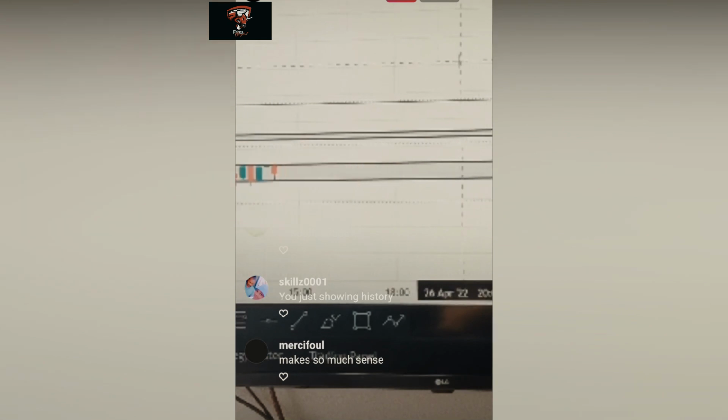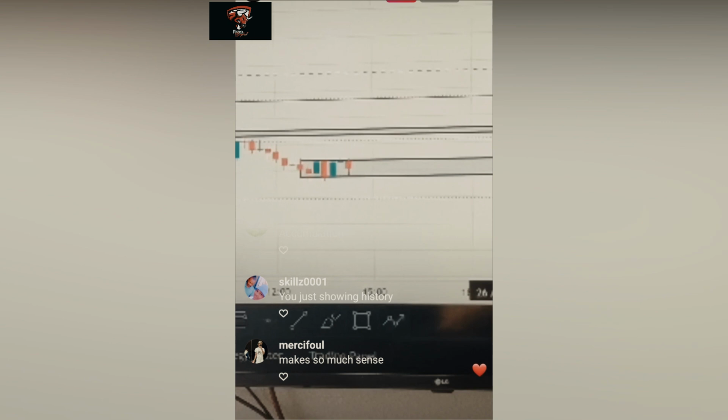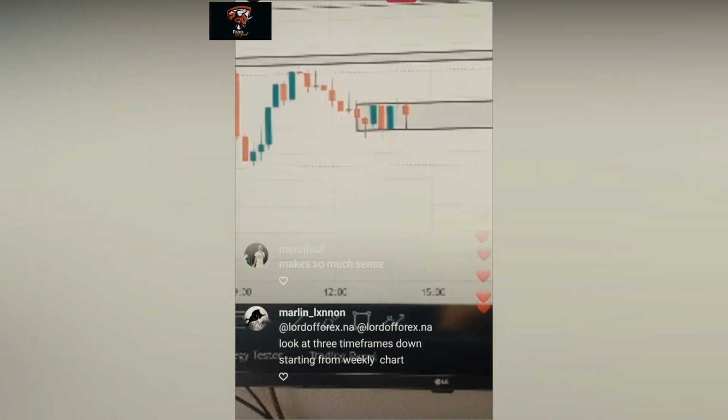I didn't pioneer it, but how many of you even knew about this contraction box? Nobody really knew about it, or you just didn't know how to find them. Did you know how to find them?